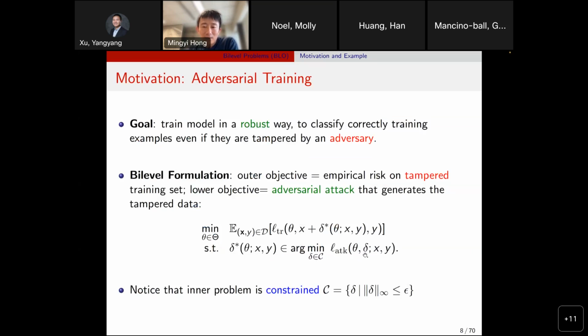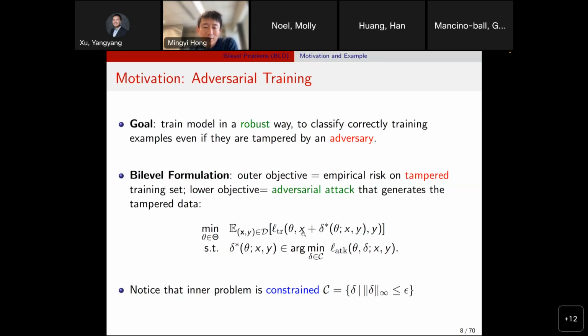Here theta is the model parameter, and x and y are the data. These are fixed for the adversary. So the adversary is basically saying that for a given set of data and a given model, I want to find some strategy that tries to destroy the model.